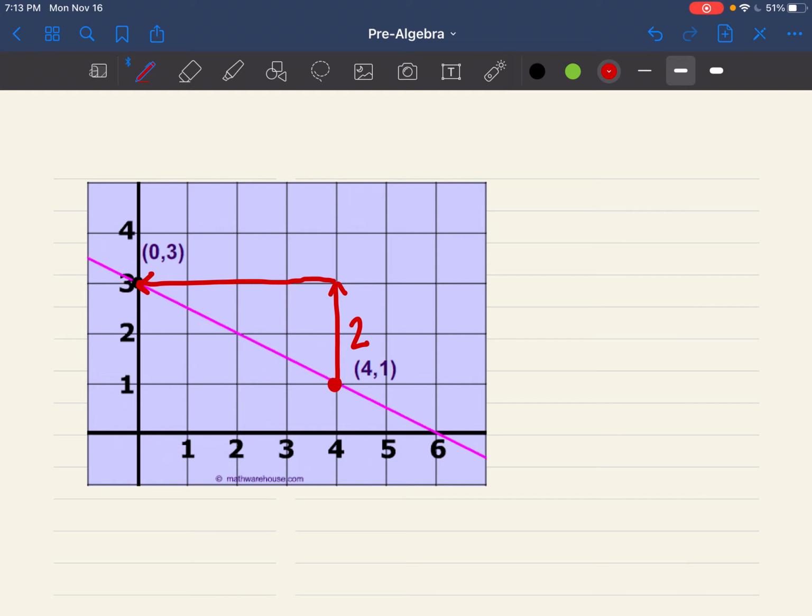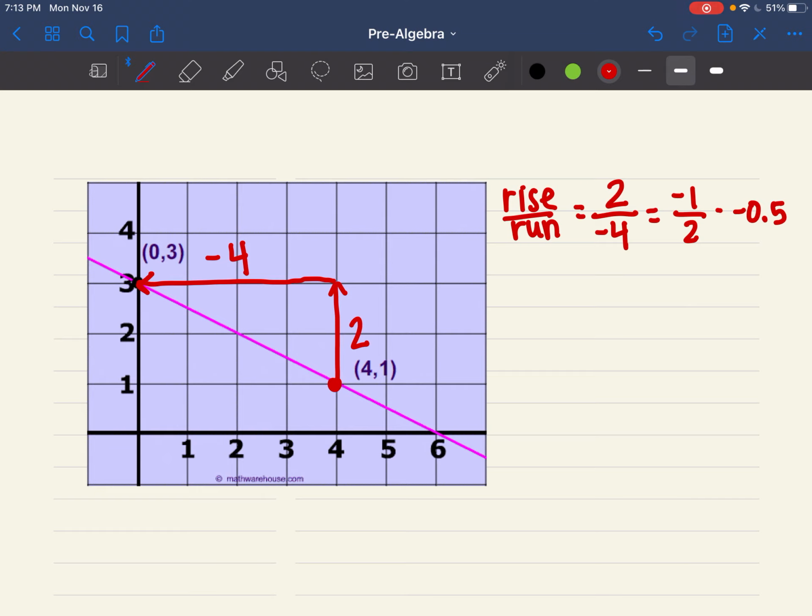Remember, left is now going to be a negative distance, so I travel to the left 1, 2, 3, 4 boxes, so that's going to be negative. Remember, my rise goes over my run in my slope, so I went up 2, my vertical distance was 2, my horizontal distance was -4. 2 over -4 simplifies to -1/2, or you can even write it as -0.5.